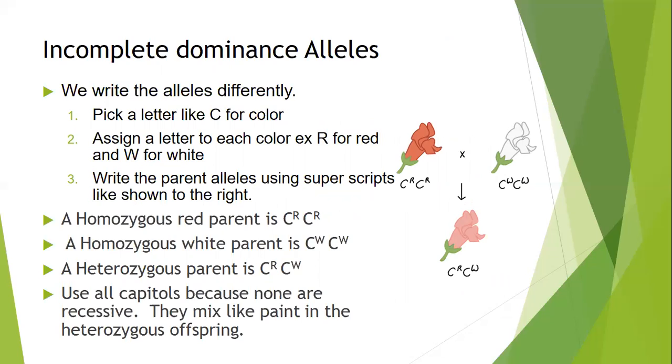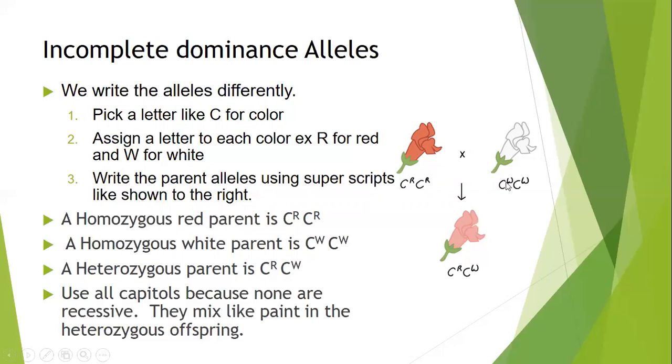We basically pick an allele letter. Since we're going to be talking about color, we'll pick C. But we don't stop there. We then assign a secondary letter, always capital, that describes the trait. So for example, if I'm a red parent, I'm going to have the allele C, and then in superscript, information that tells me about my color. If I am CR, I'm going to be red.